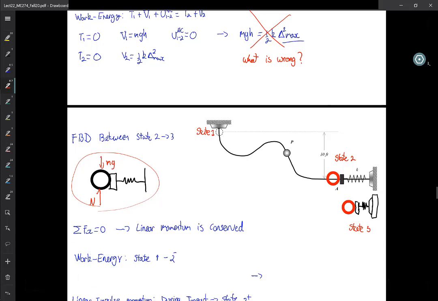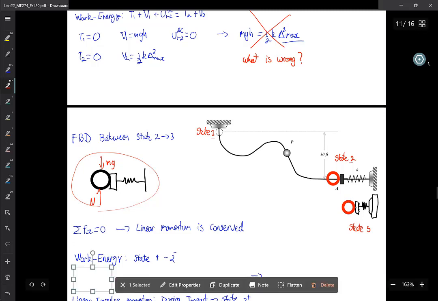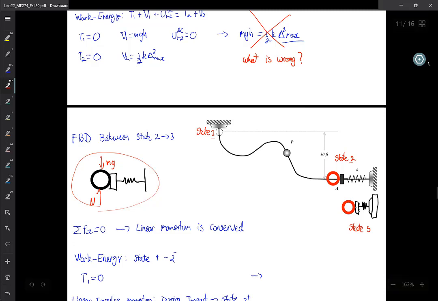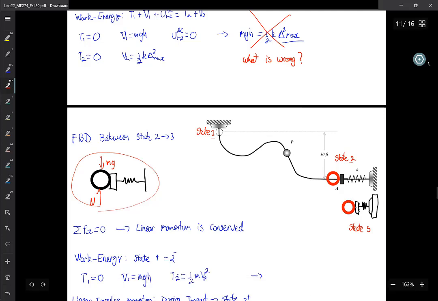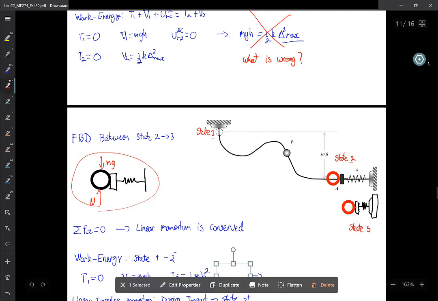So I have three states. I'm going to go from state 1 to state 2 right before collision. So that's 2 minus. So you already have that. You know, the kinetic energy, initial energy is the same. Right before the collision, there is no non-conservative work still.